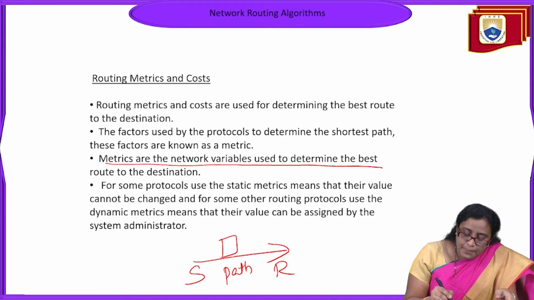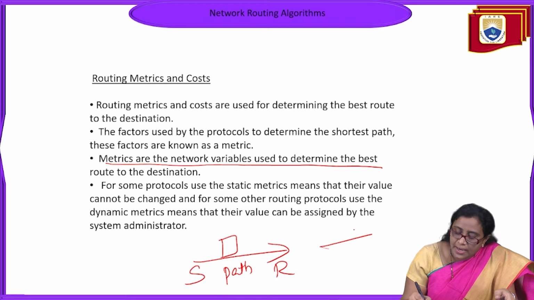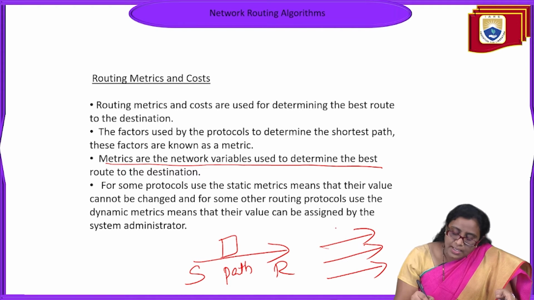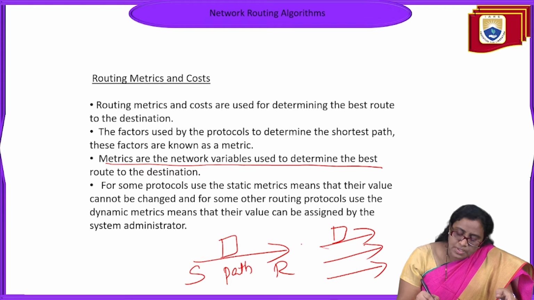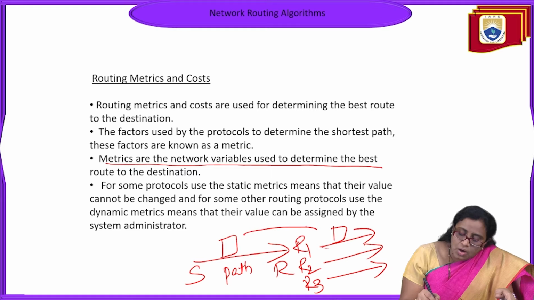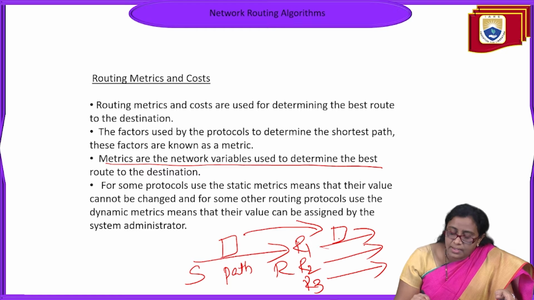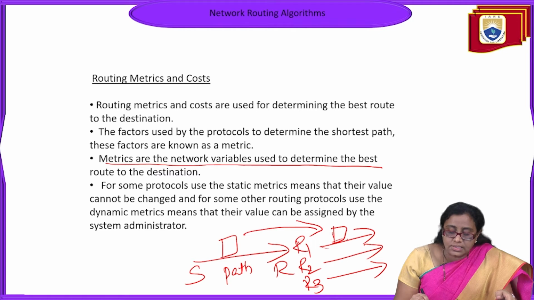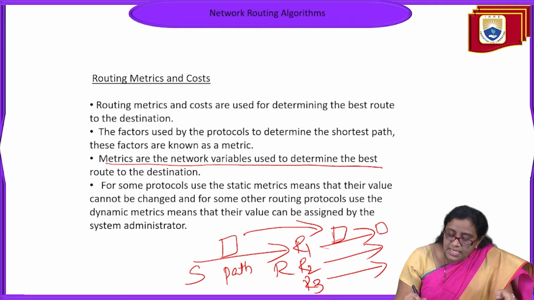Suppose a packet has three paths of connections. A packet can be transmitted by means of route 1 or route 2 or route 3. So before transmitting or sending the packet from one source to another destination, the router needs to verify which path is the best route and which is the shortest path to reach its destination.